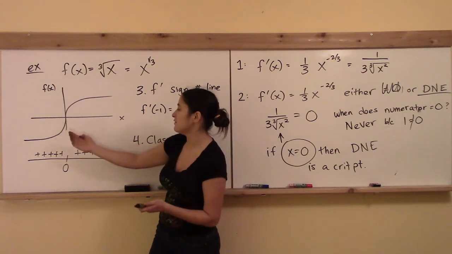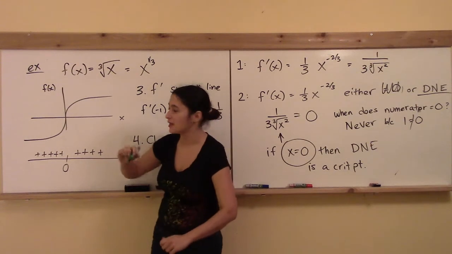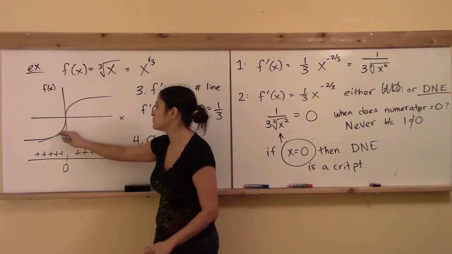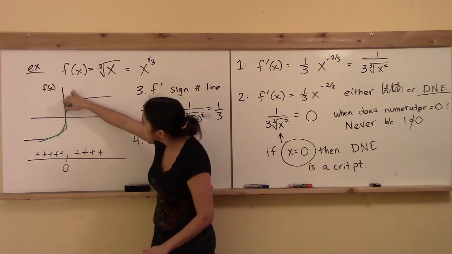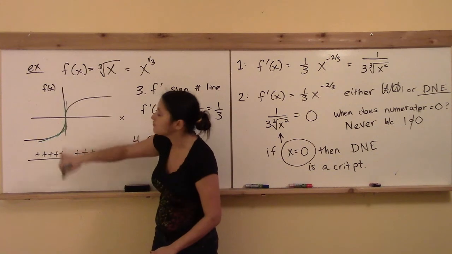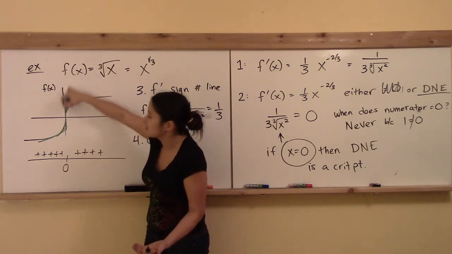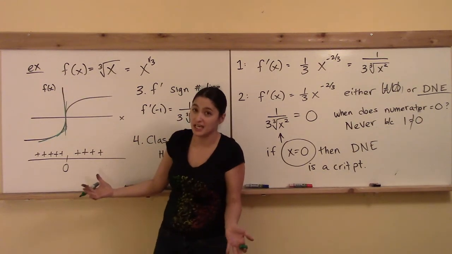You might think that's fine, but let me show you with the green marker what happens to the tangent line. The tangent line is slightly positive, then it becomes more positive, then more and more positive. Right here, the tangent line is literally vertical. So what would I say is the slope of this vertical line? Infinity, minus infinity, something like that. It does not exist.